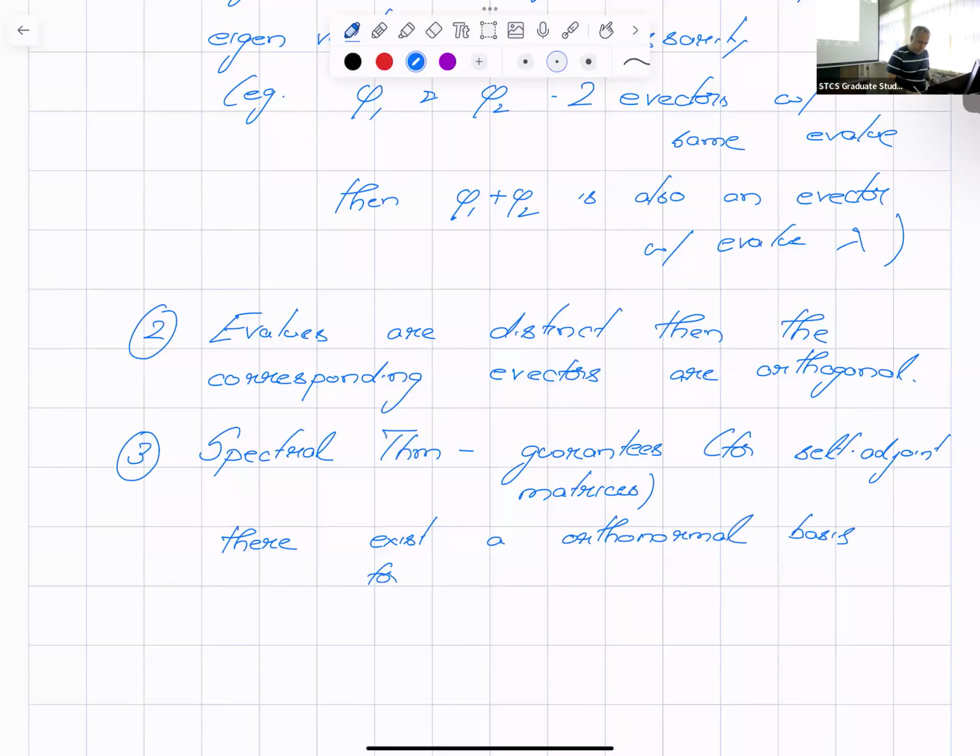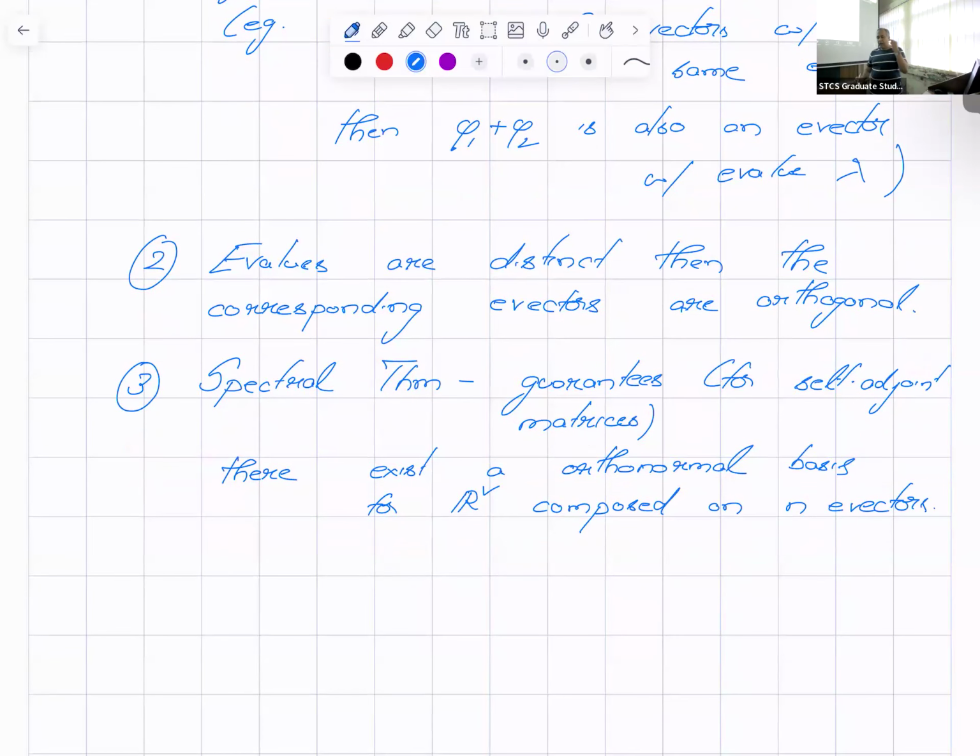There exists a set of n eigenvectors which form an orthonormal basis. And in general, when we talk about the eigenvectors, we will refer to this orthonormal basis. We'll fix one basis and work with that.